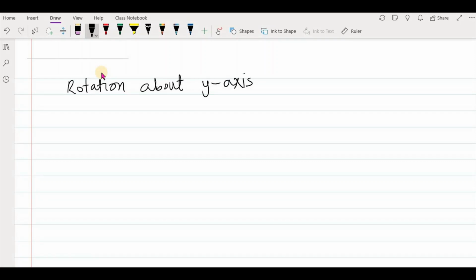We can write here Ry with angle, sorry, this time we change the angle and we say that the rotation was with angle theta.